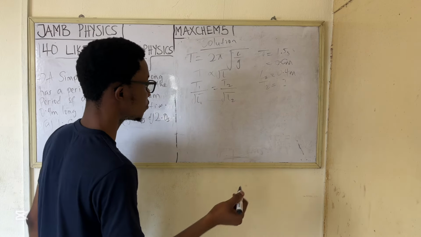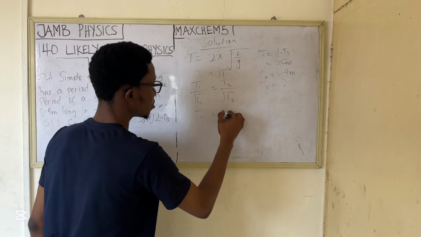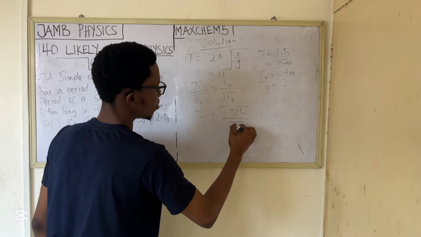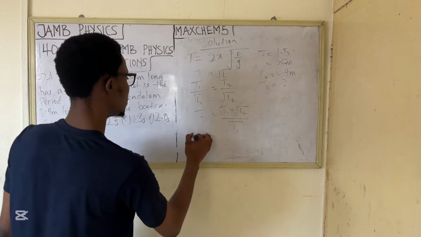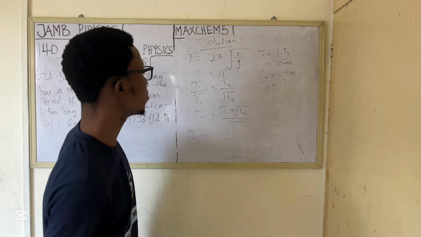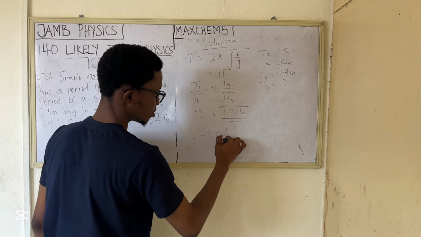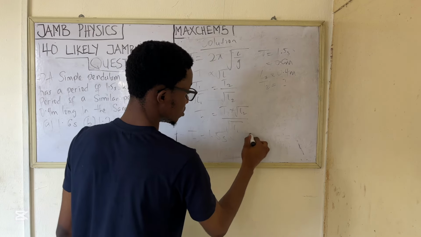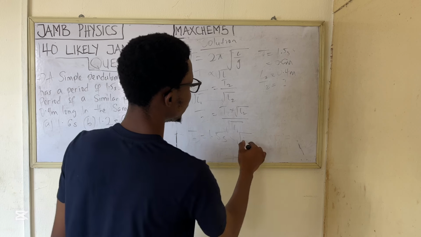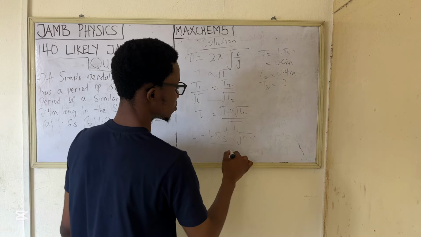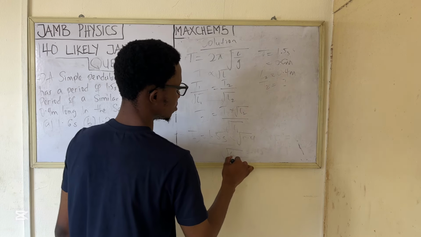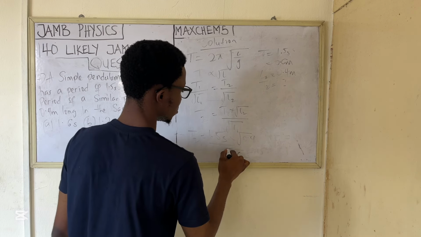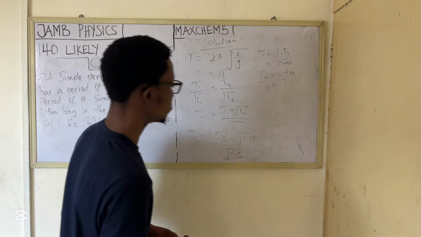Now using this formula, we can make T2 the subject of the formula. That is T2 is equal to T1 times square root of L2 over L1. Then our T2 is equal to 1.5 seconds times square root of 0.4 over 0.6.